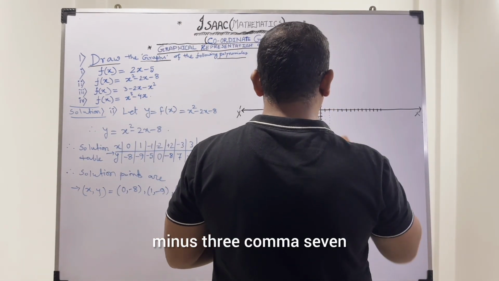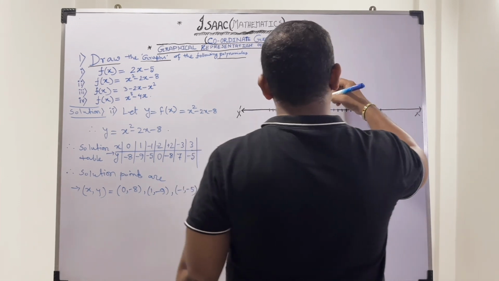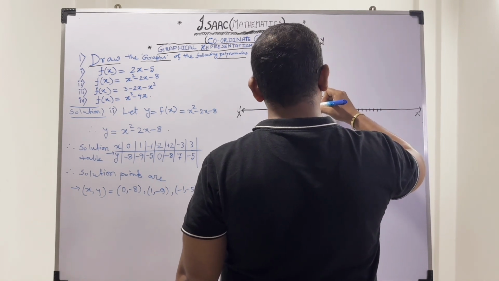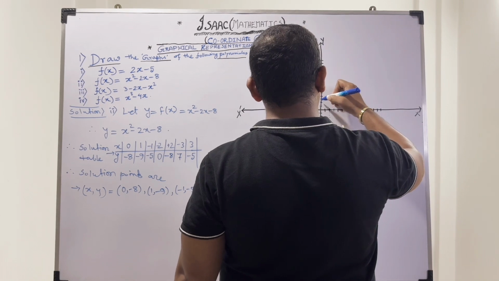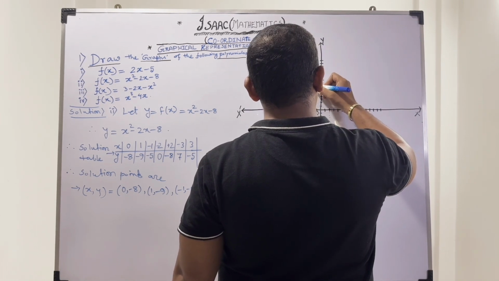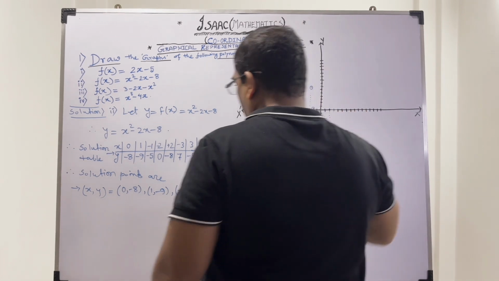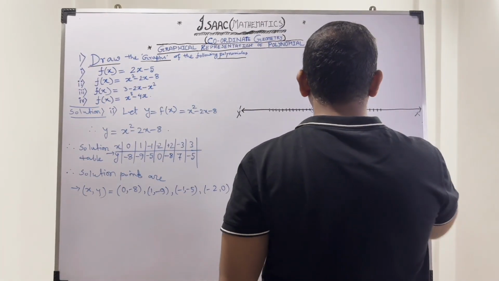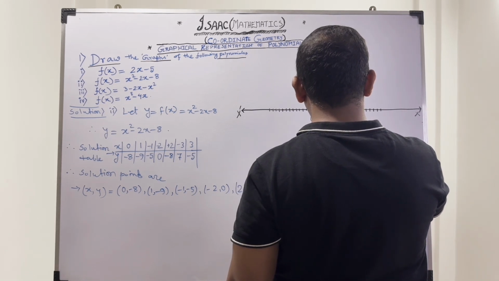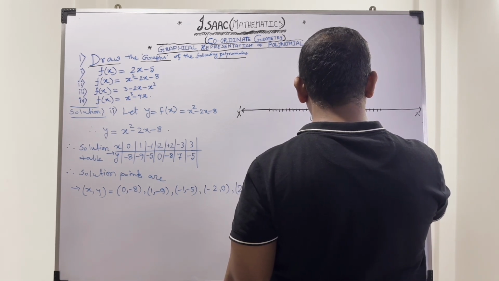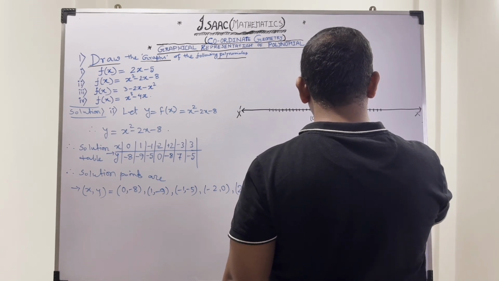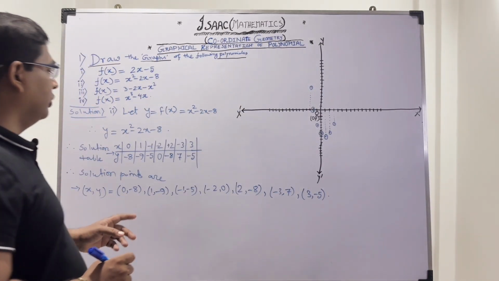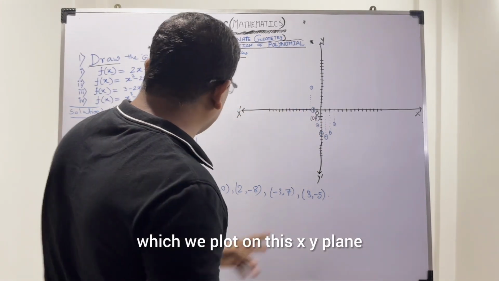Minus 3 comma 7. 3 comma minus 5. So these are the points which we plot on this xy plane.